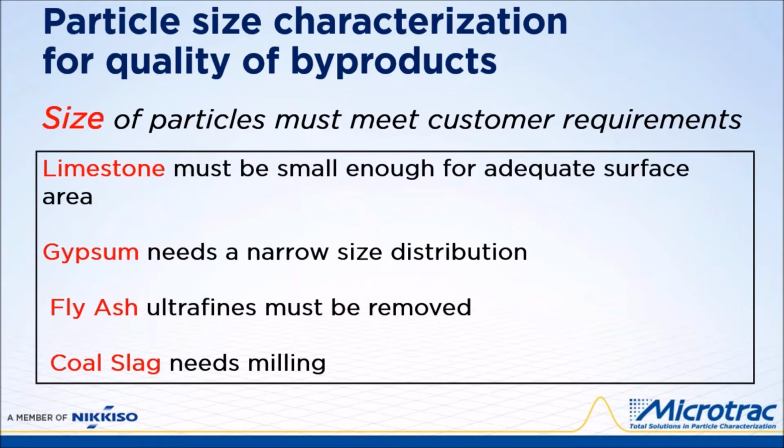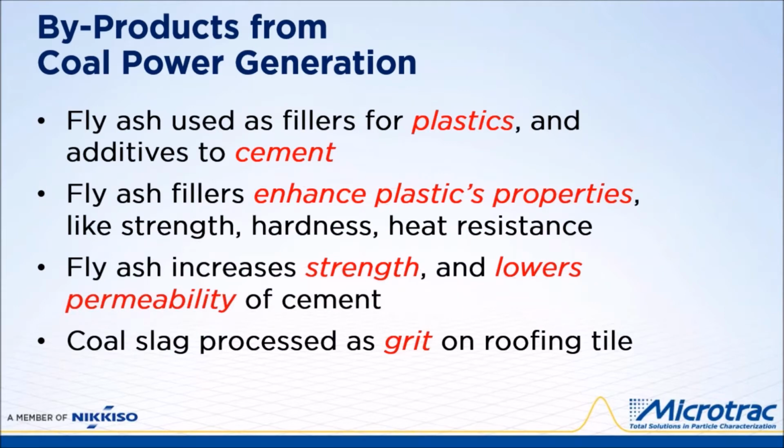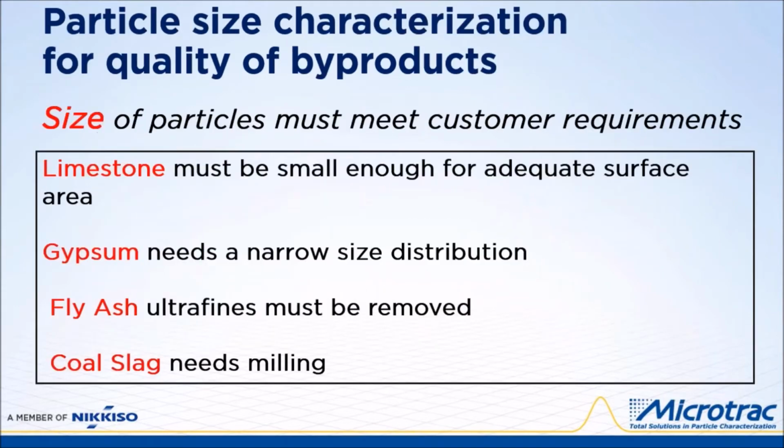Particle size and shape characterization for quality of byproducts. Size of particulates of limestone, gypsum, fly ash, and slag must meet the size requirements of the customers who use them for further processing.